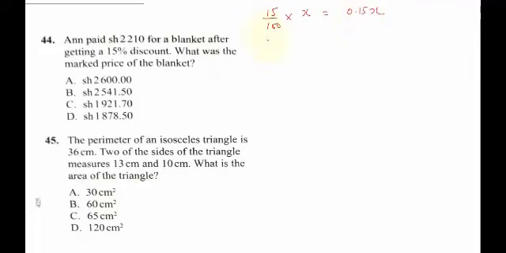Now if Anne bought the blanket for 2,210 shillings, that means the discounted price, the amount that was removed is also equal to x, the marked price, minus 2210.